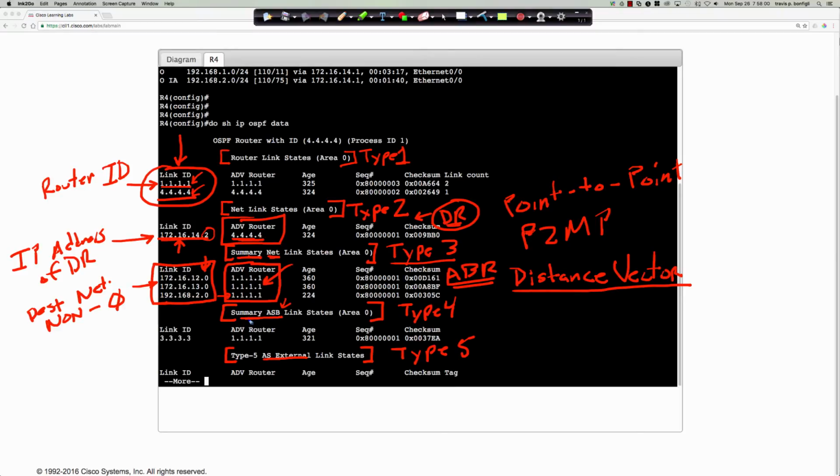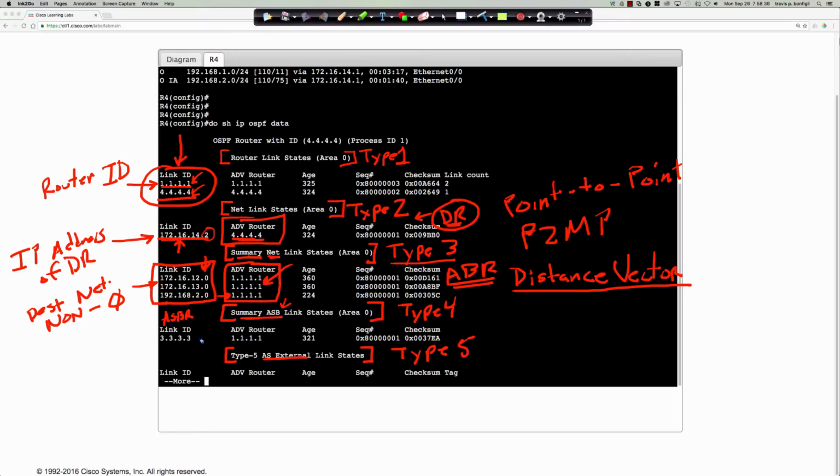to the type 3. Whereas with the type 3, we've got these networks here, a summarization of these networks, where router 1, the advertising router, is saying, hey, if you need to get to these networks, come to me. And the summary ASB, or the autonomous system boundary link state, is very similar, because what it does is it tells everybody how to get to the autonomous system boundary router, right?